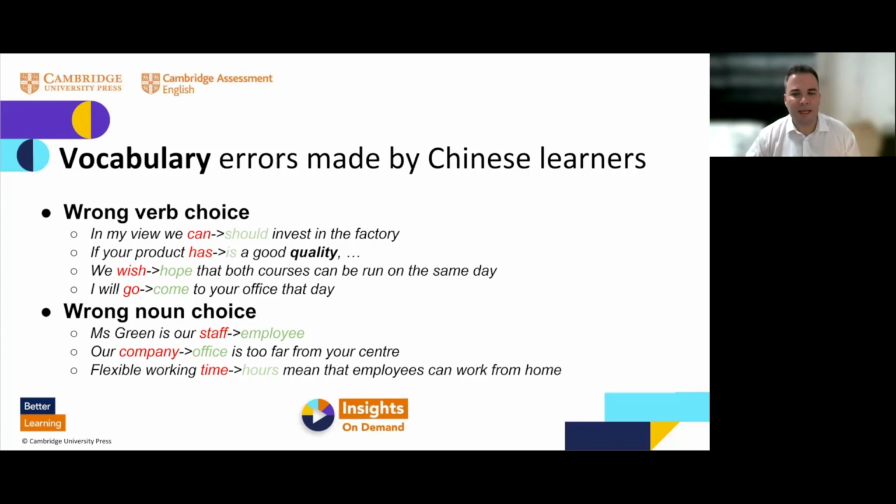We have 3 noun choice errors from the domain of employment, and we see that "staff" is used instead of "employee", where "staff" is more informal. Also "office" is the specific location, whereas "company" isn't so specific. And "working hours" is a phrase used rather than "time".